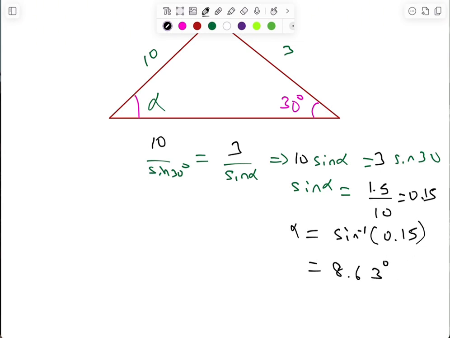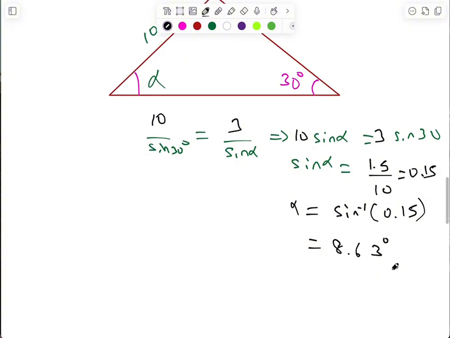But here's the thing. This is not the only angle that will give me 0.15. I can also just subtract this from 180 degrees. 180 minus 8.63 degrees. That is 171.37 degrees.